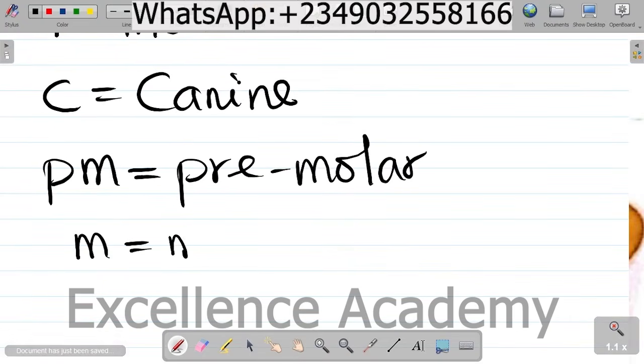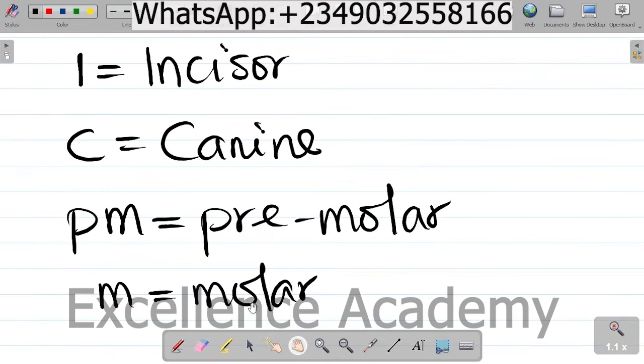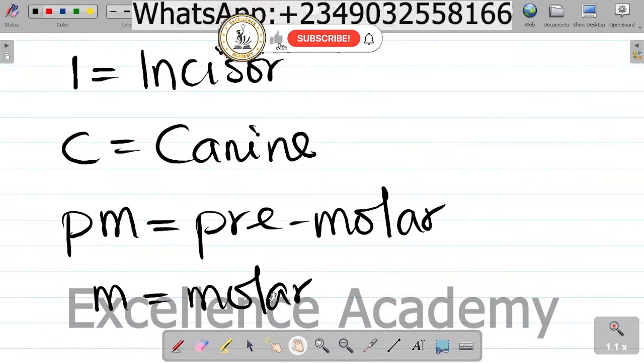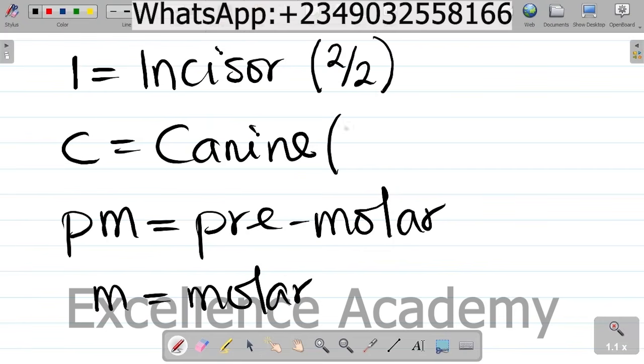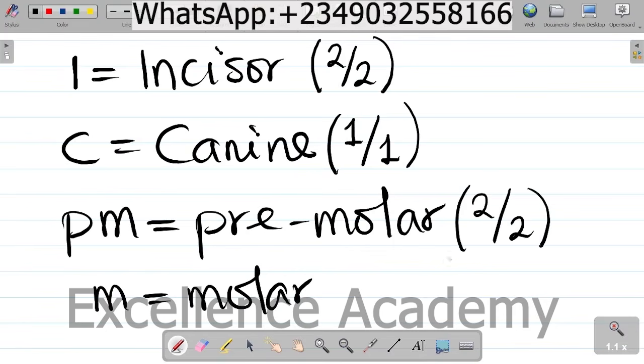Remember, by definition the dental formula shows the number and the type of teeth present on one side of the upper or lower jaw. So for man, the incisor gives 2/2, the canine gives 1/1, the premolar gives 2/2, and the molar gives 3/3.